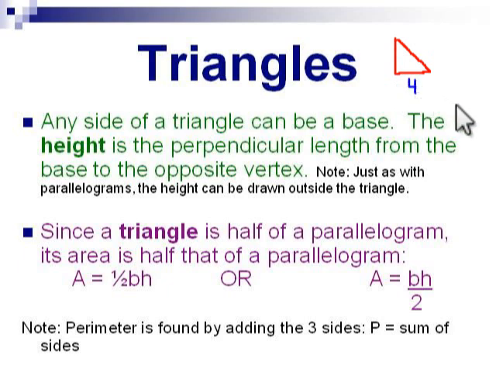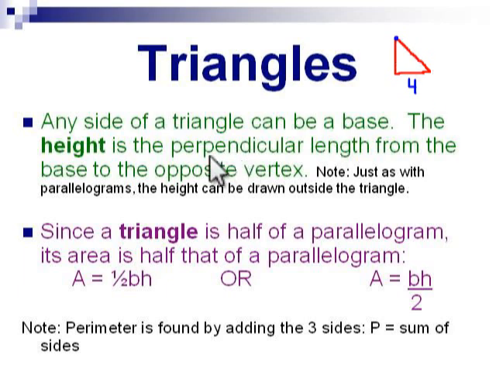All right, so let's look at the definition again. The height is the perpendicular length from the base to the opposite vertex. From the base to the opposite vertex. So here's the base, and we want to go to this opposite vertex. Put a blue dot right there.